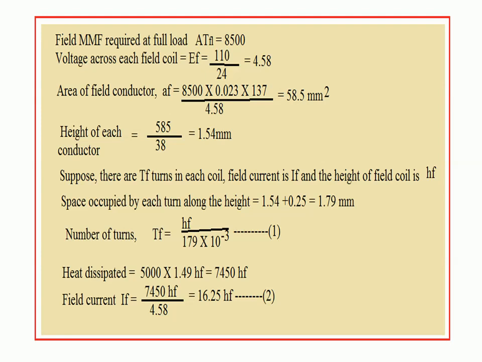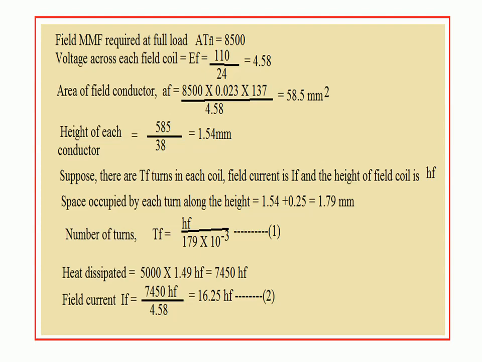Then the amount of heat dissipated should be equal to S into loss in watts per meter square of total coil surface. You develop the equation. By knowing this, you calculate the field current IF equal to heat dissipated divided by EF, the voltage across the coil.